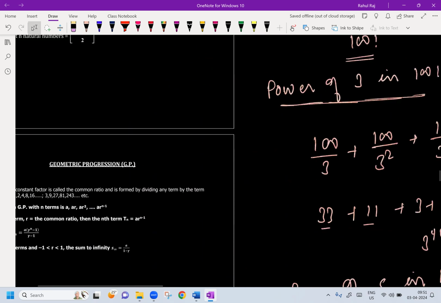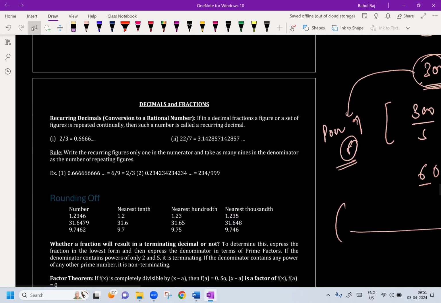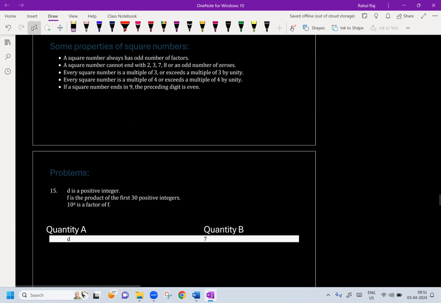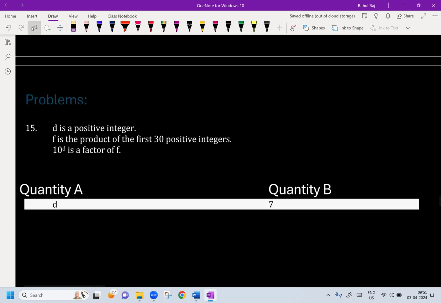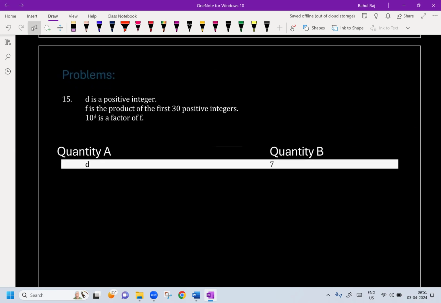What exactly is the use of this? To make you understand what is the use of this, can we do question number 15? Oh, we can try.